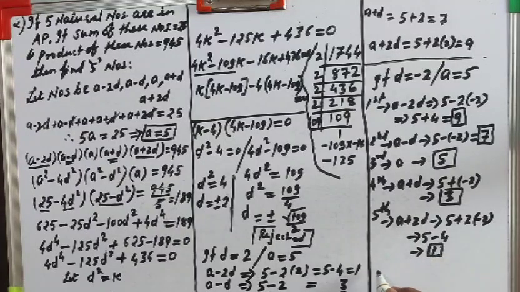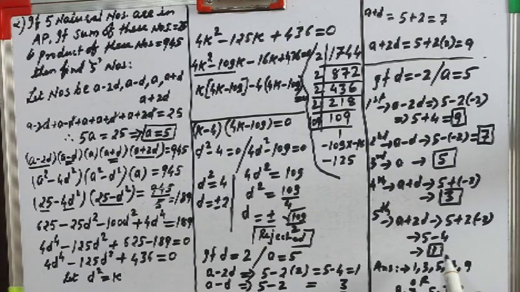So you can write the answer here: the 5 numbers may be 1, 3, 5, 7, 9, or it can be 9, 7, 5, 3 and 1. So either the numbers are 1, 3, 5, 7, 9 or 9, 7, 5, 3, 1.